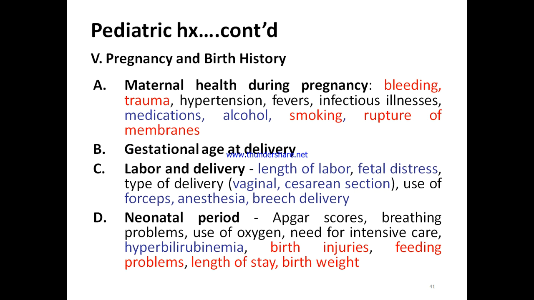And we also assess labor and delivery. What is the length of labor? How long did the labor take? The normal accepted duration of labor is that it starts and is completed within 18 hours.